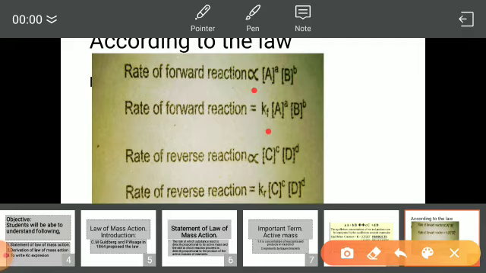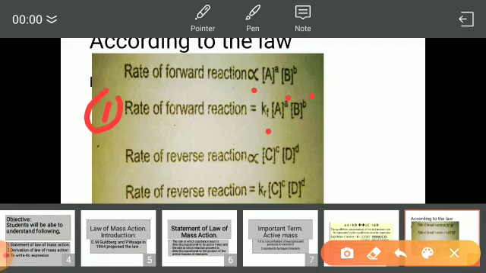K is the proportionality constant and f indicates forward reaction. And square brackets again indicate the active mass of A, and these small a and small b, the coefficient numbers, become powers, or the number of moles. This is equation 1, rate of forward reaction.